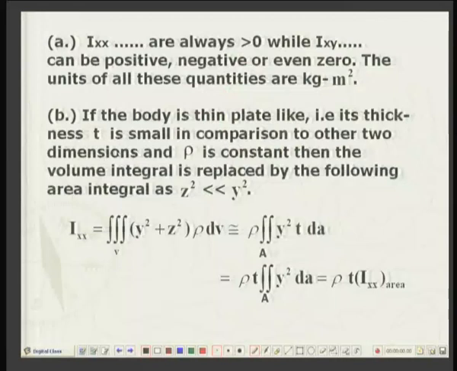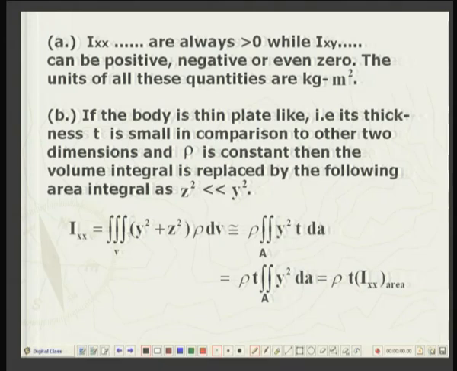Now, the second point. If the body is thin plate-like, in the form of a plate of uniform thickness, and also has uniform density, a homogeneous body, then T and rho are independent of x, y, z. So the factor rho into T can be taken outside. Let us say the thickness is along the z axis.